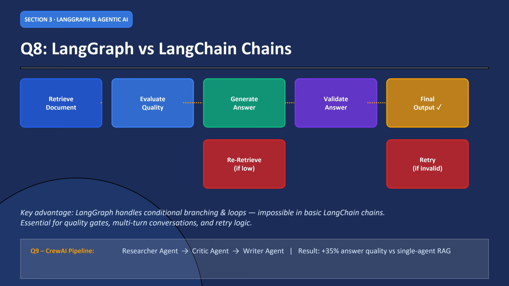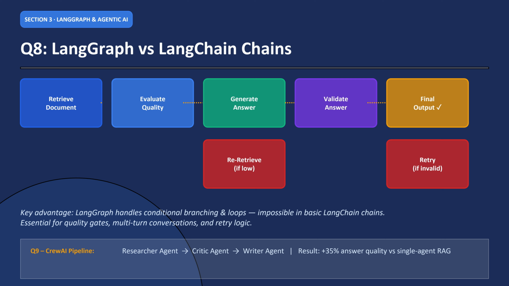Input flows through a fixed sequence of steps, whereas LangGraph introduces a stateful graph with nodes and conditional edges. This means you can loop, branch, and retry based on the output of each step.